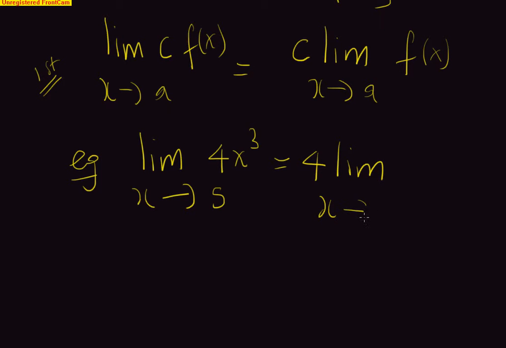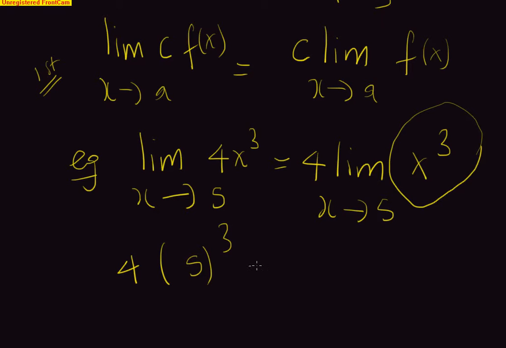We have 4 times the limit as x approaches 5 of x cubed. X cubed is a polynomial function, so we can simply find the value by plugging in. So we're going to have 4 times 5 cubed, which is 4 times 125. Use a calculator. That's going to be 500.